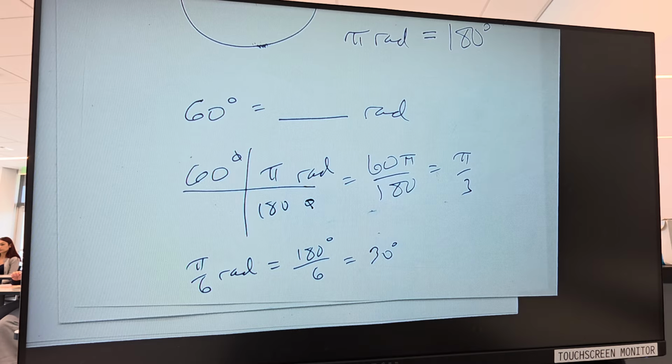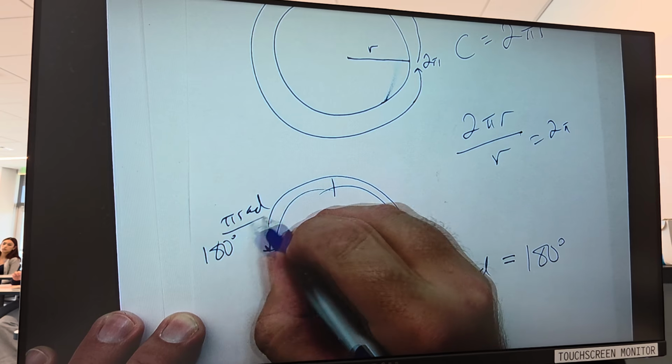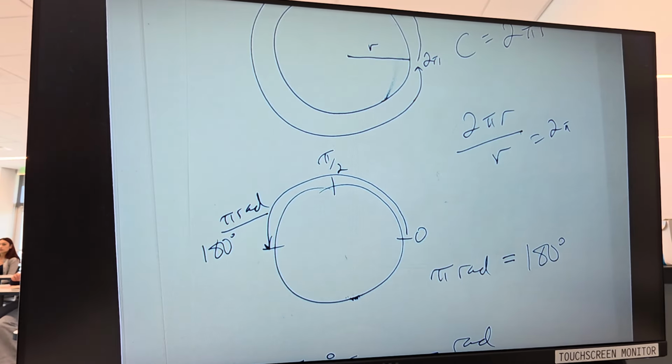If pi is 180, what's 90 degrees? Half a pi. If this is 0, this is pi, this is half a pi, because I went halfway. So already this is much more physical than the made-up degree measure.